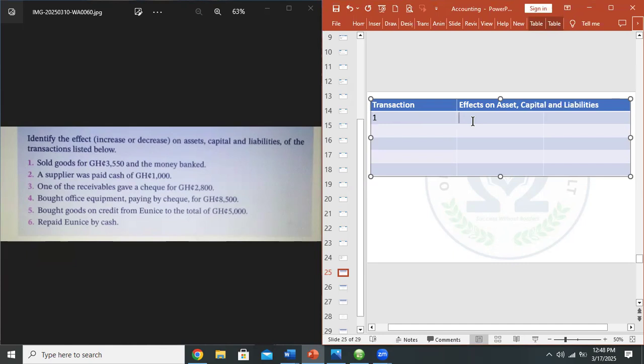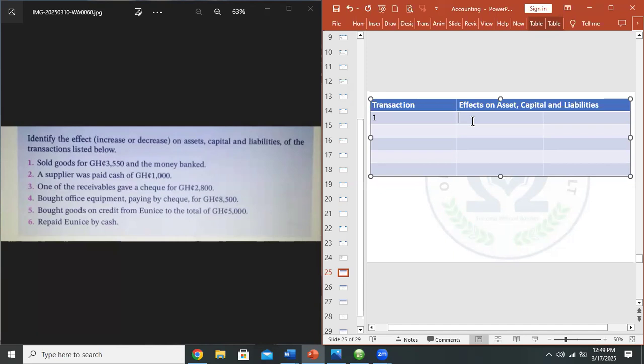So let's take the first one. It says sold goods for 3,550 and the money banked. We sold goods and the money was put in a bank account, right? So dear professors, analyze it. As a business, you sell goods and you had money from that, but you went to deposit it in the bank.